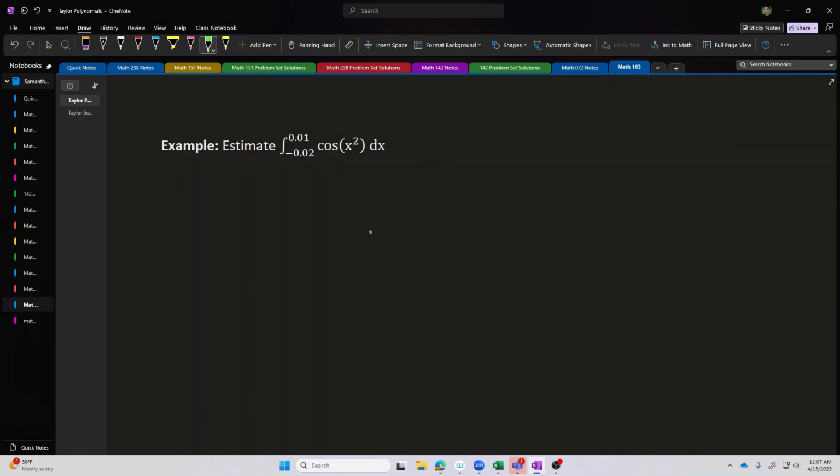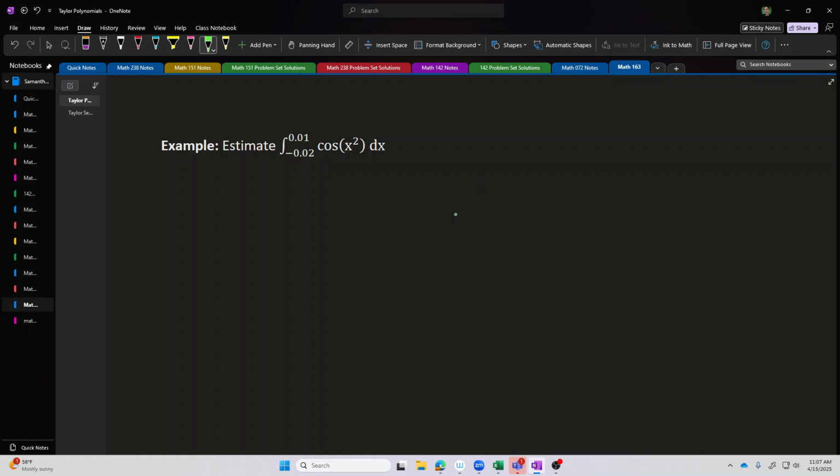Here we're asked to estimate, so notice this keyword estimate. Estimate the integral from negative 0.2 to positive 0.1 of the function cosine of x squared.